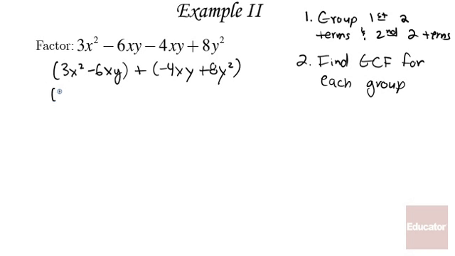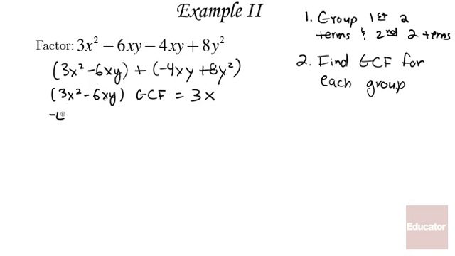So for 3x squared minus 6xy, the greatest common factor would equal 3. And then I look and I have an x in both. The smallest exponent is 1, so x. And then I don't have a y term in both, so I cannot factor that out. So the greatest common factor for this first grouping is 3x.